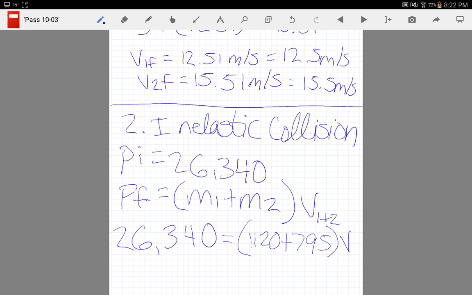We're assuming momentum is conserved, so we know that P initial should equal P final. Then we can plug those equations in for each other to solve for one variable.